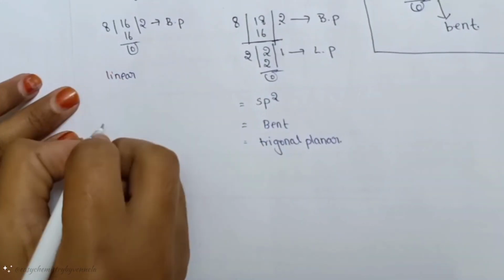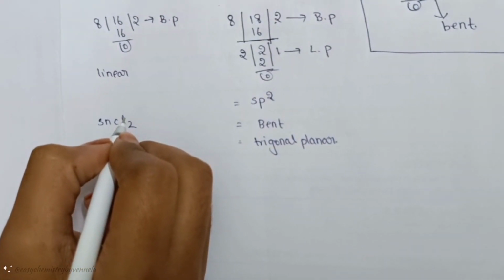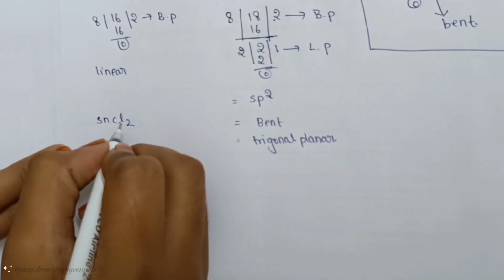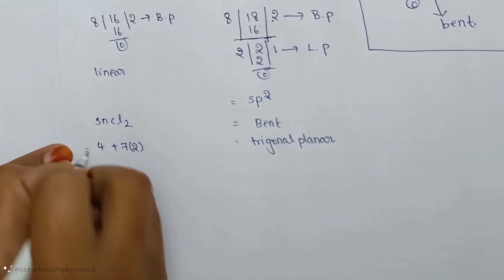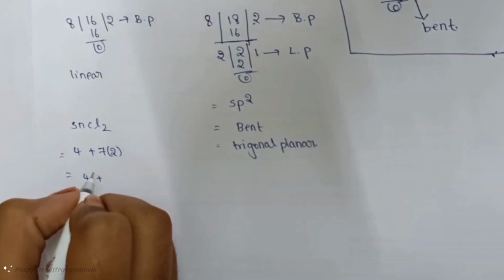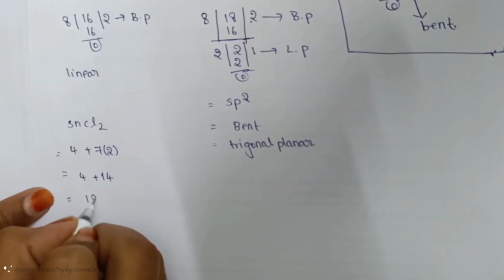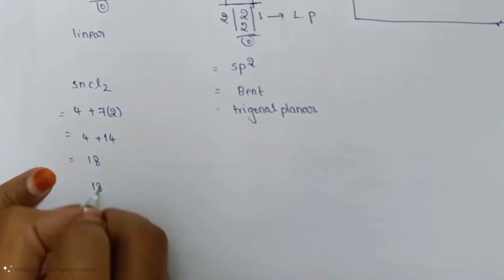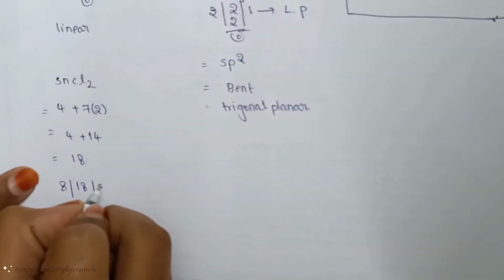Okay, next example, SnCl2. What is the Sn group number? 4. 4 plus chlorine group number 7. 2 chlorines are there. 4 plus 14, it is 18. 18 is greater than 8, so 18 can be divisible by 8.